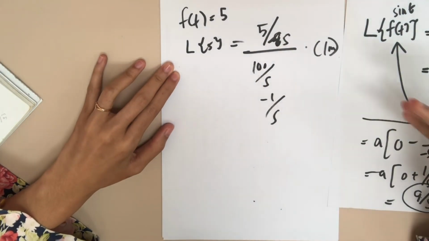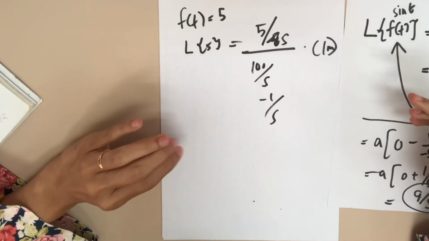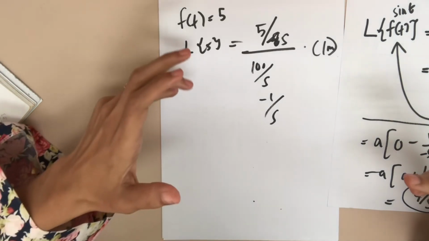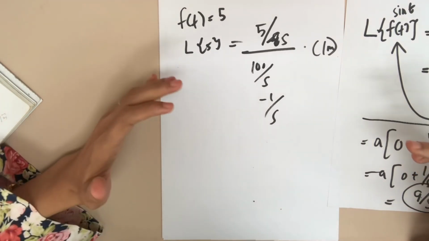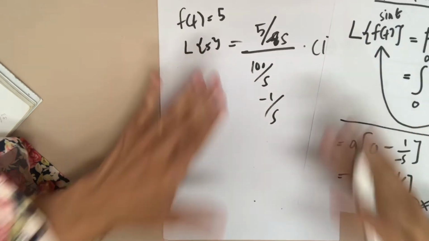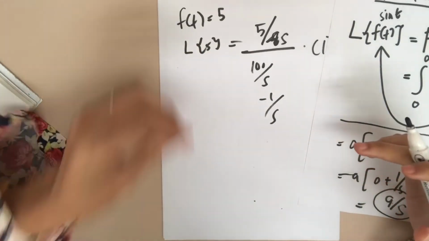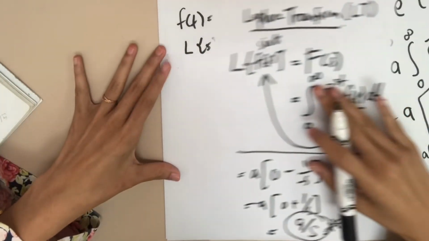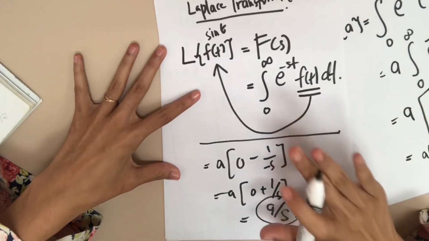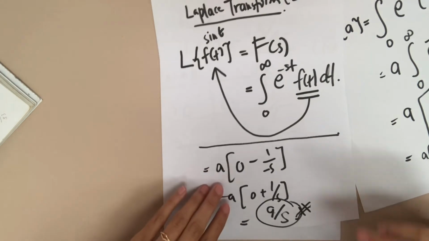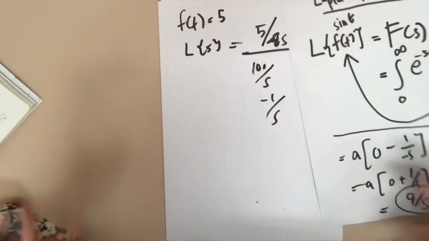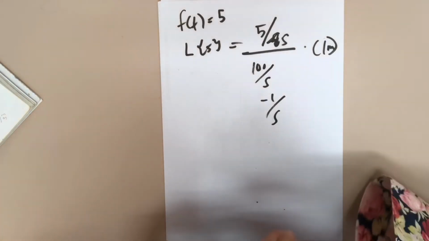The table is actually much easier, and you will use the table to get the answer anyway. But as a starting point, because we just entered this topic, you should know how to get it by using the definition. So in the next video, I will show you the table first, then we will use the table to answer the Laplace transform.